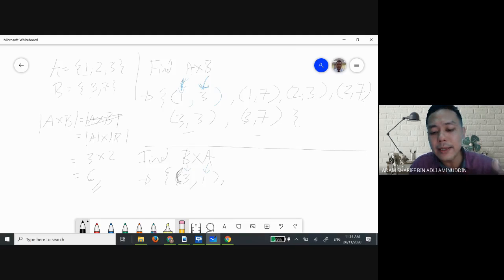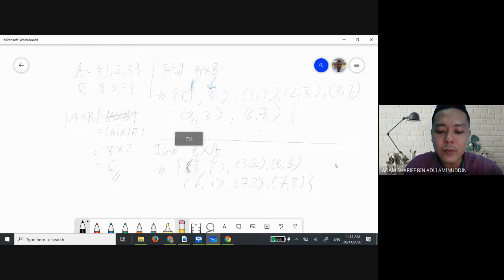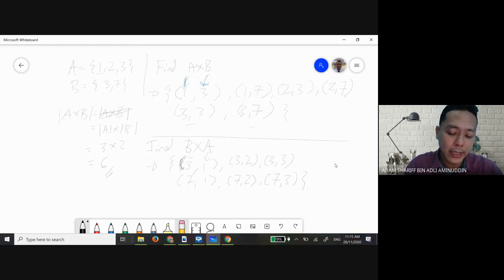You look at this in the reverse. 3, 1. 3, 2. 3, 3. 7, 1. And 7, 2. 7, 3. As you can observe here, A times B is not similar to B times A.